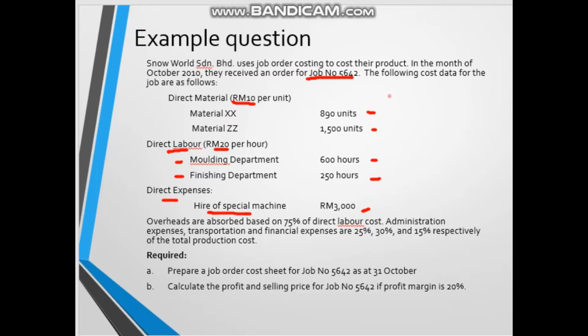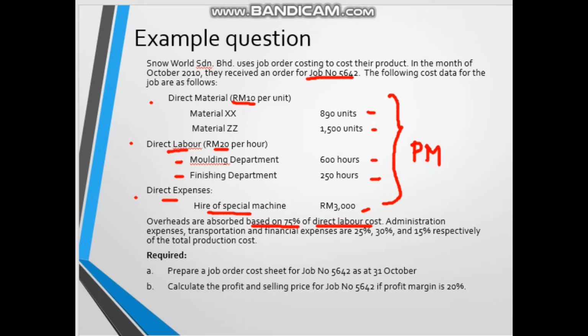Please remember this: these three, direct material, direct labor, and direct expenses, added up, we call the prime cost. So what about the overhead? It is stated that overhead is absorbed at 75% of the direct labor cost.